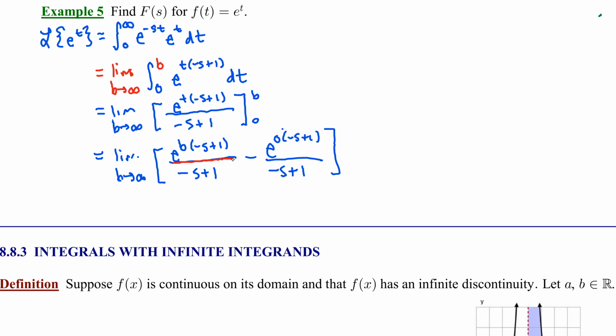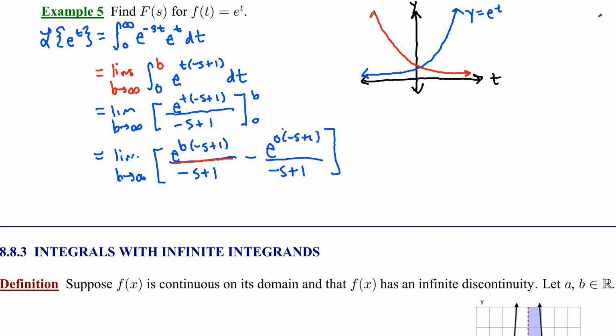e raised to a power will either be positive or negative infinity depending on the sign of that coefficient. We know, just for a visual aid here, if we say this is t and this is our function, the limit as t approaches infinity of the function e to the t is infinity, and the limit as t approaches infinity of the function e to the negative t is 0.